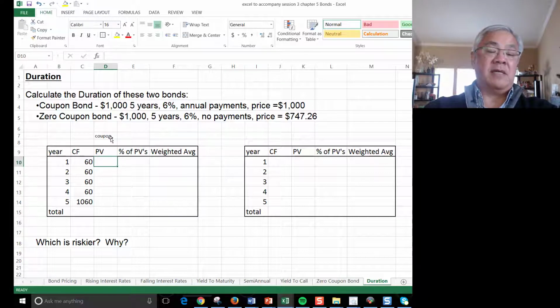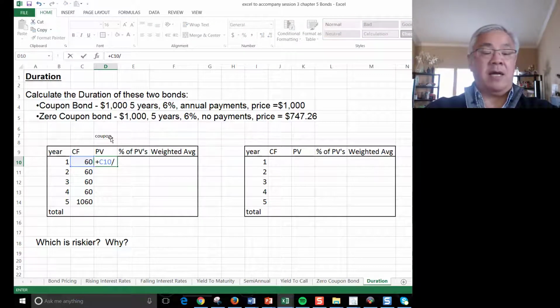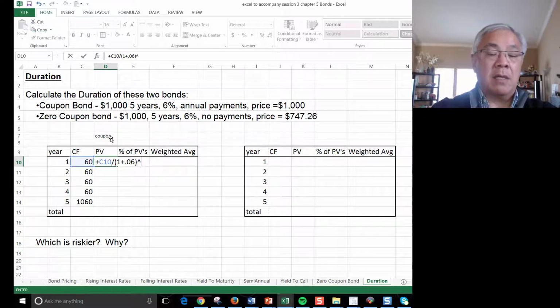The PVs are what we learned before, which is equal to 60 divided by, let's do this correctly, open parens, 1 plus the interest rate of 0.06, raised to the power of 1.